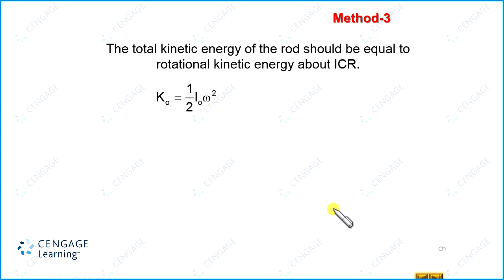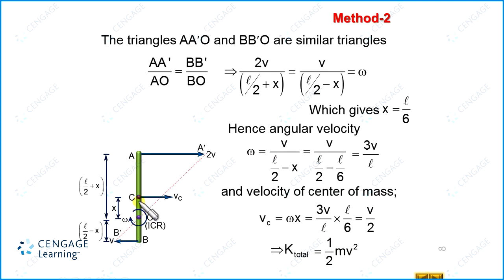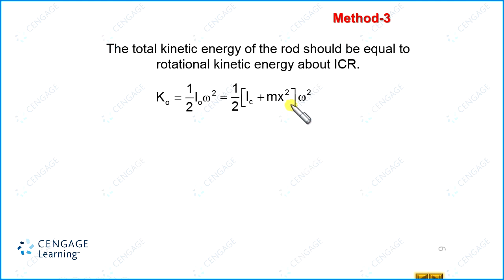IO is the moment of inertia about the ICR. Moment of inertia about C, that is about the centroidal axis, is IC, and the distance between the axis passing through C and O is x. So moment of inertia about O should be equal to IC plus mx square. So this term will be like this.